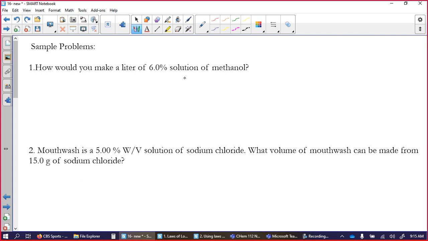How would you make a liter of a 6% solution of methanol? So 6%, a lot of these concentration equals amount per, well, if I know this is 6%, I know that's a liter. 6% as a decimal.